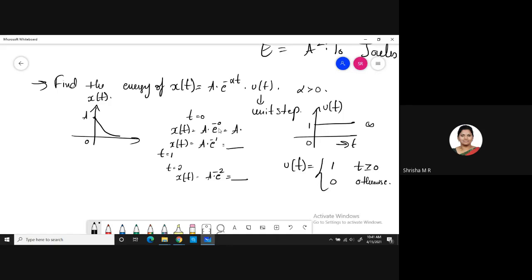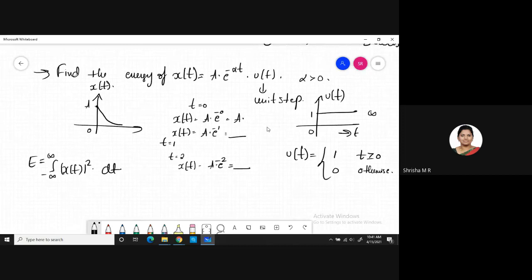Okay, so we are finding the energy of the signal. So E is equal to, what is the equation for energy of a signal? It's the integral from minus infinity to infinity of x of t square into dt. But in our question we have to find the energy of x of t, which is a into e power minus alpha t into u of t.